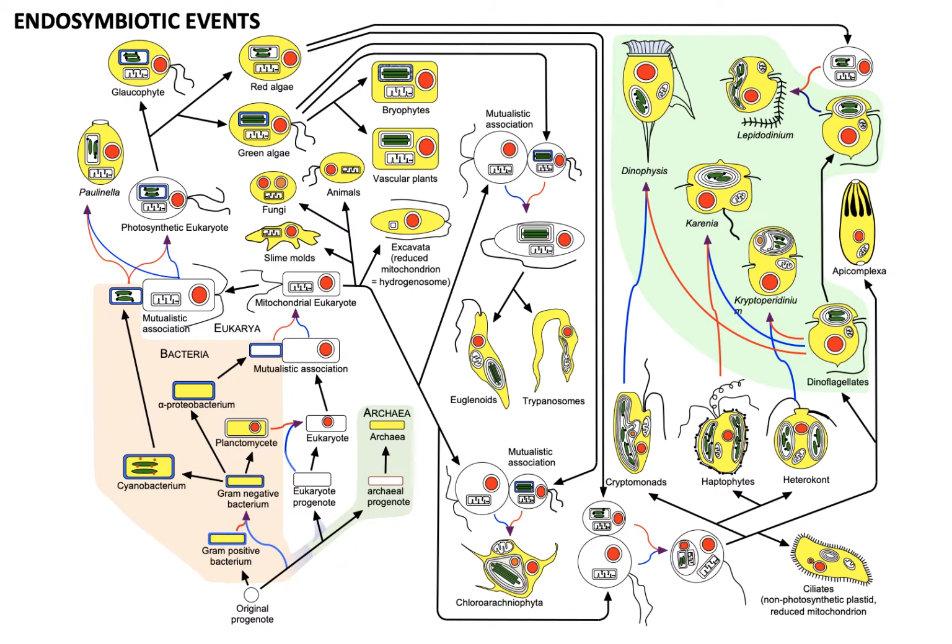The ones that most people know about and learn about are, of course, the alpha proteobacterium joining with a protist cell that became the mitochondrion, and then the other one where a cyanobacterium was taken up to become the plastids or chloroplasts. There was a second event that we know of now between a cyanobacterium and a protist cell that became the chromatophores in Paulinella.